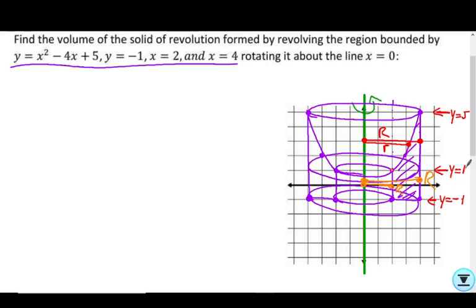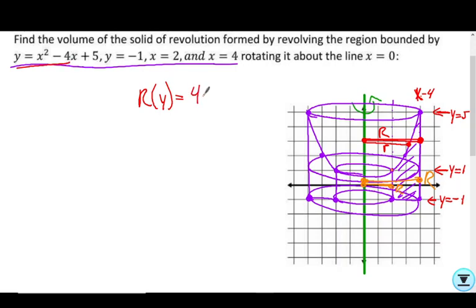Let's deal with the top part from 1 to 5. In the top part, my big radius, the outside, this distance right here, is 4. This is the x equals 4 line. And the little radius, the inside piece, is going to be this function here.